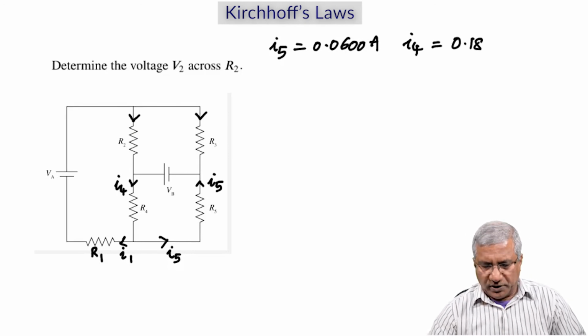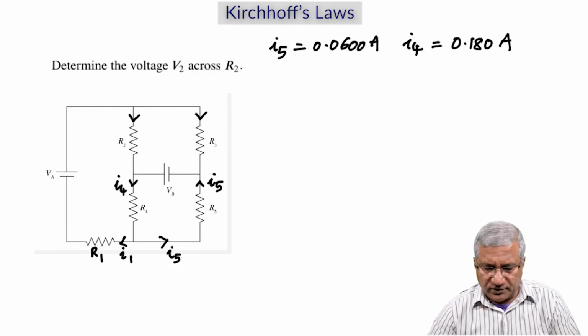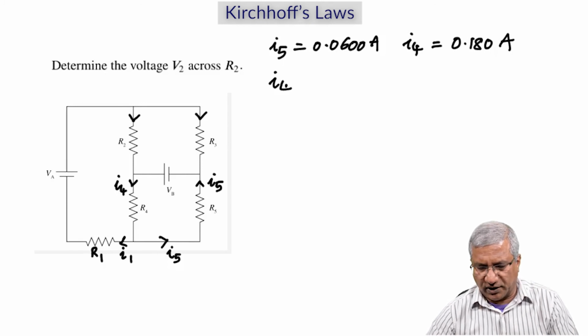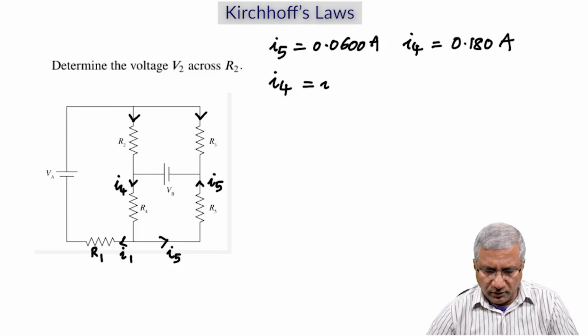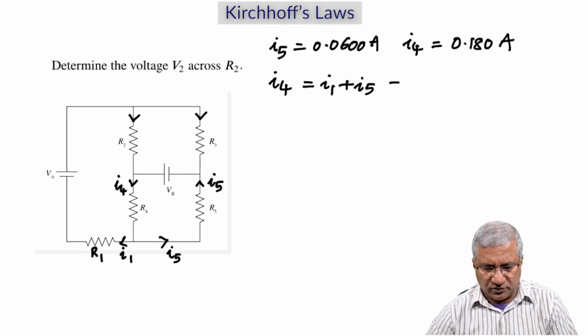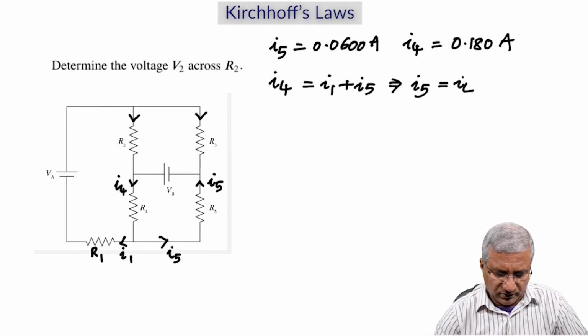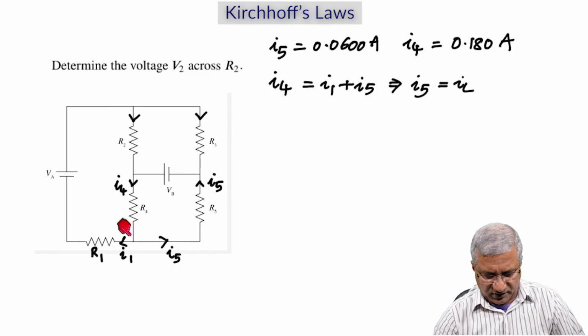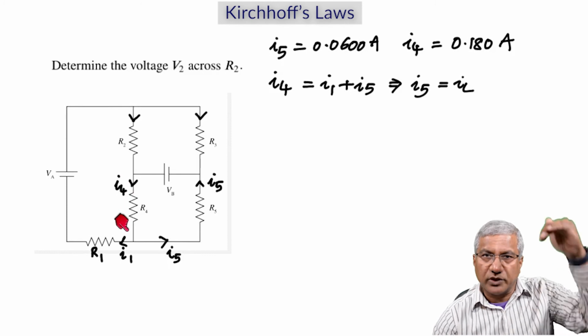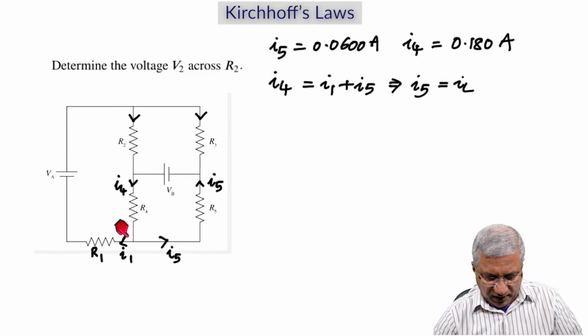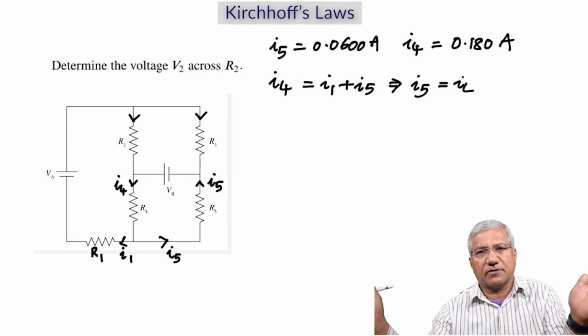Okay. We're given that I5 is 0.06. We just found that I4 is 0.180. And applying the junction rule, we also know that I4 is I1 plus I5. All right, take a look here at this junction. At this junction, I4 is coming down or flowing into the junction, while I1 and I5 are going away from the junction.